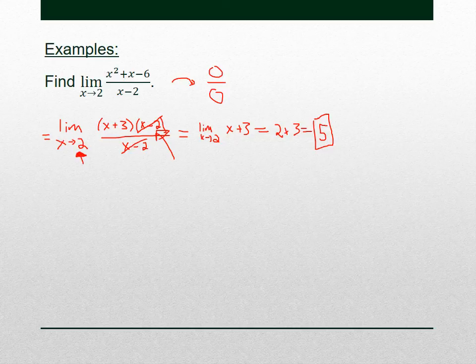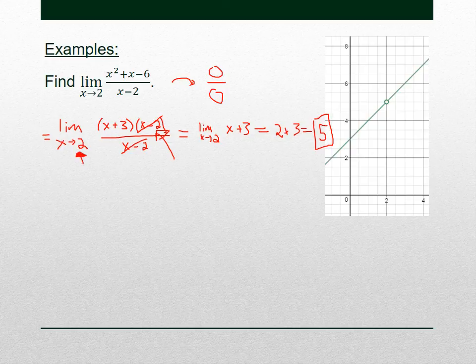So anytime you get this indeterminate form 0 divided by 0 when you substitute in, you should be able to factor out that x minus c, cancel it, and then substitute in to get the actual limit. And there's our graph where we did see that as x approaches 2.